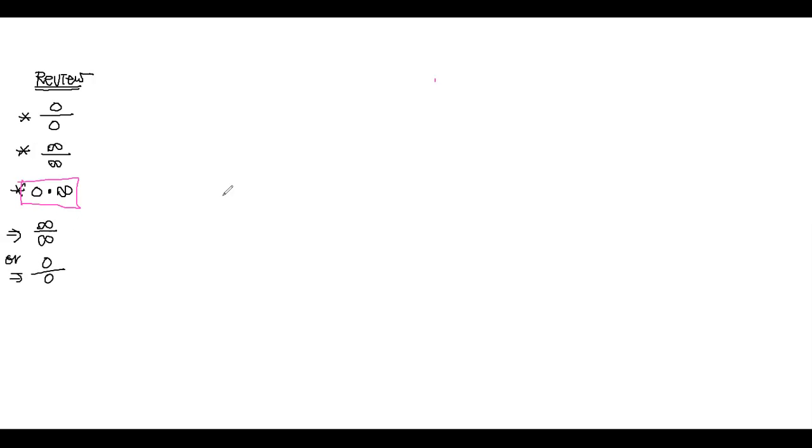Then you can use L'Hopital's rule. That's the key thing here: you need to find a way to change the form to one of these two. Then we can just apply our rules. So let's take a look.